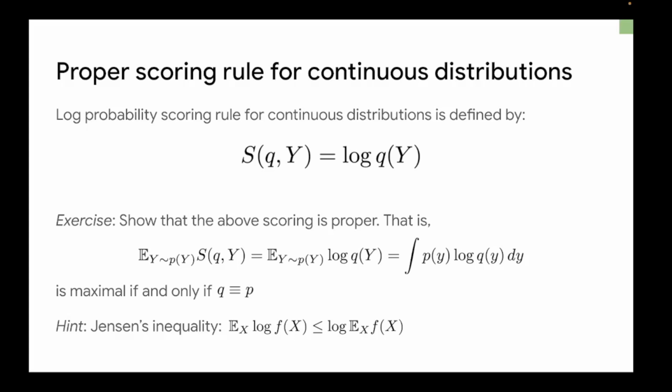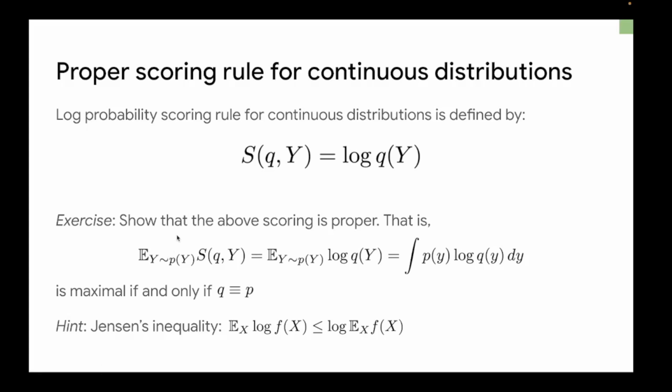For continuous distribution, log probability is given by S of Q and Y is equal to the log of the density function of Y. Here we assume that it's a continuous distribution and it has a density function, and so you can take a log there, and it's going to be a proper scoring rule. Well, that's actually the exercise here.